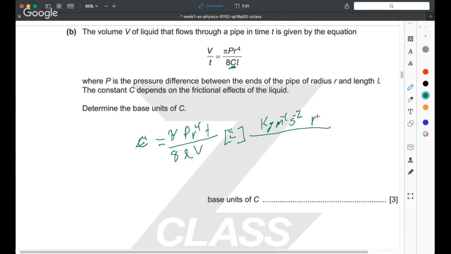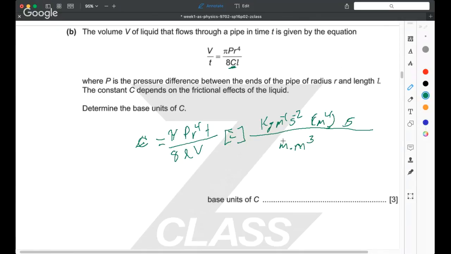The R is a distance, right? The radius, which is still in meters, to the 4, and times the seconds. 8 is a number, L is a distance, again in meters, and V is a volume, so meters cubed.